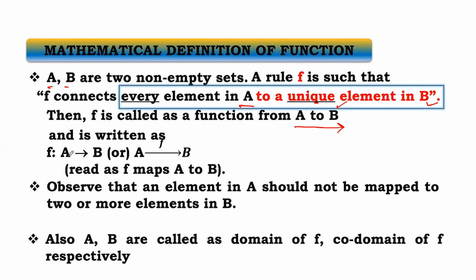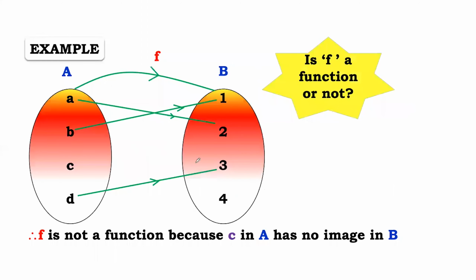An element in A should not be mapped to two or more elements in B. A and B are called the domain and codomain of the function respectively.